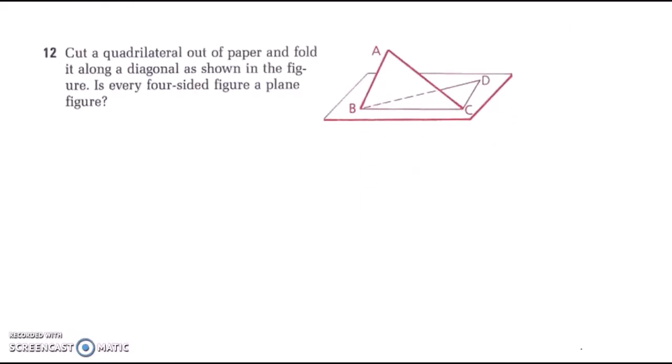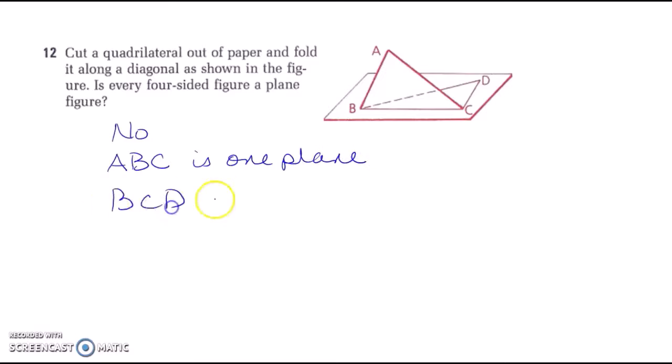Can a quadrilateral cut out of paper and folded along its side, is this still a plane figure? No. ABC is one plane, BCD is another.